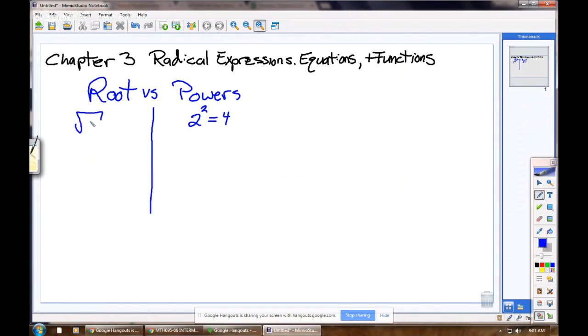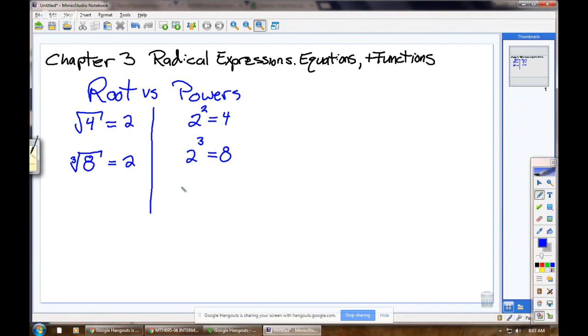So the square root of 4 equals 2. Similarly, if I were to take 2 and cube it, I would get 8. So there's a cube root. For a cube root, you make the square root symbol, but you put a little 3 right there. That indicates you want to find a number that you write down 3 times to multiply to get the number in the box. I know that 2 times 2 times 2 is 8, so the cube root of 8 has to be 2.